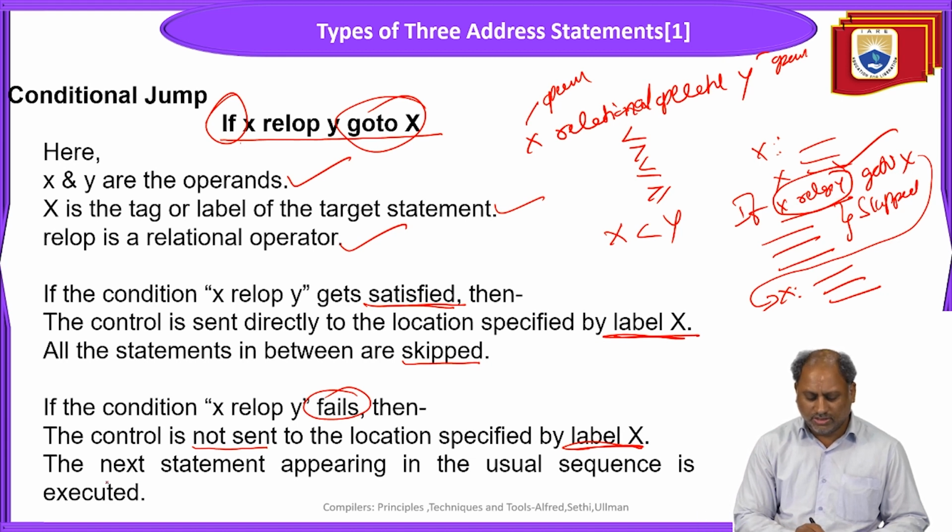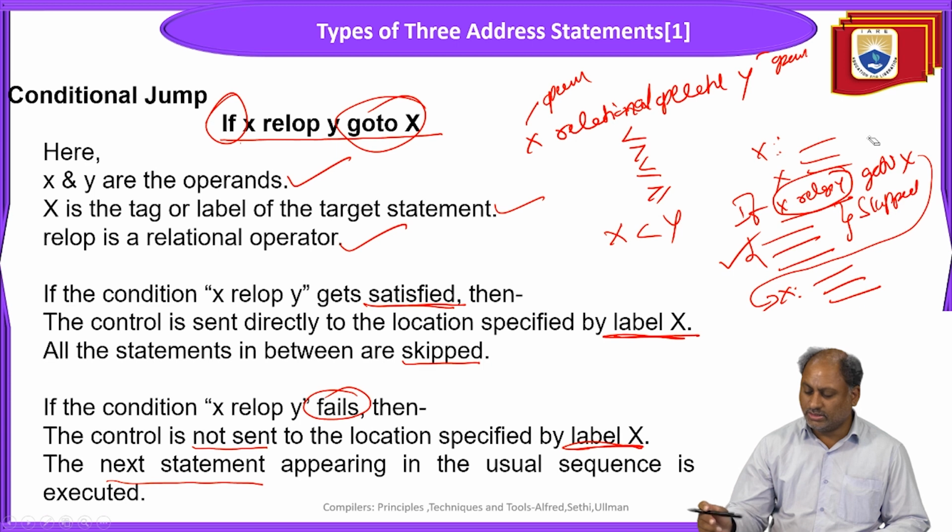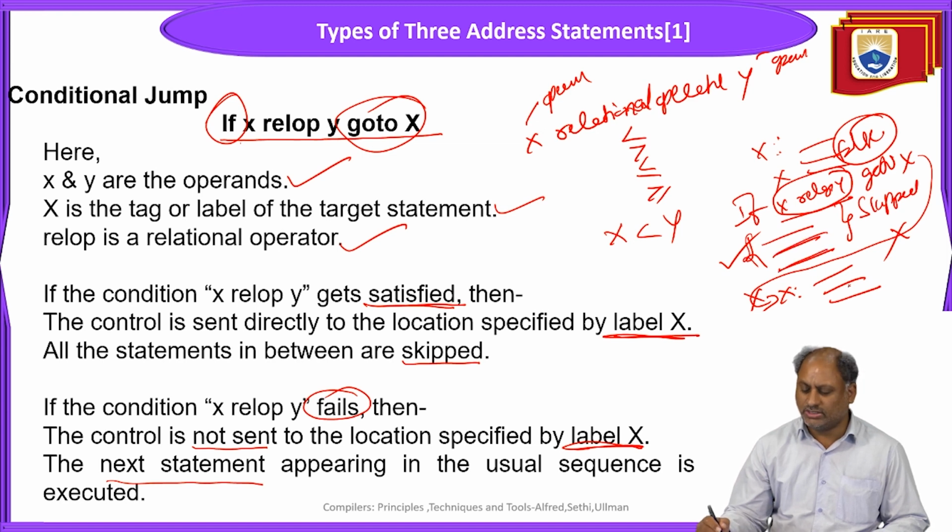Instead, the statements immediately following are executed. So here x relational operator y is false, it won't go to label x, and it directly executes the statements following the if.